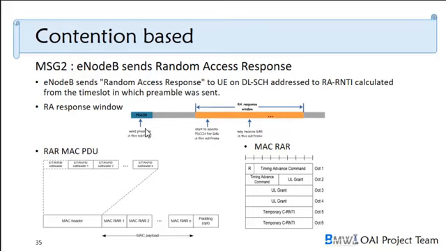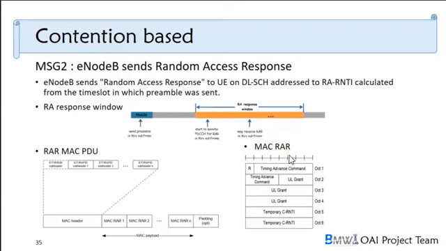First you send the preamble in the PRACH, and we will have an RA response window. And here is the start time to transmit the RA response.